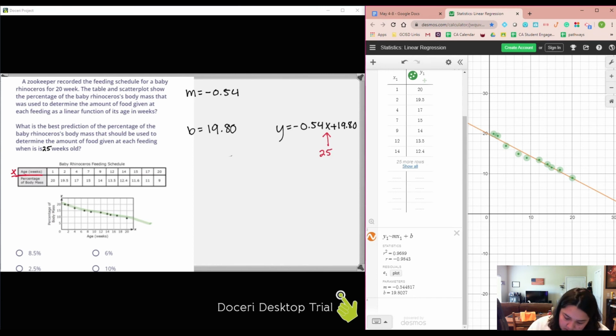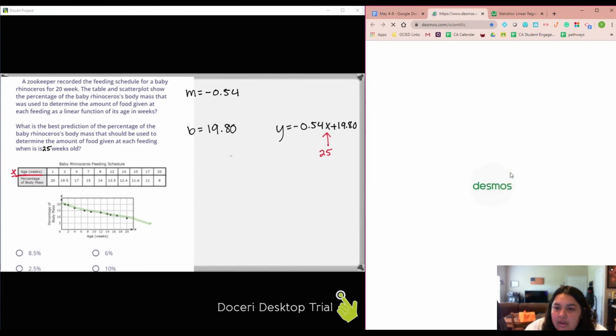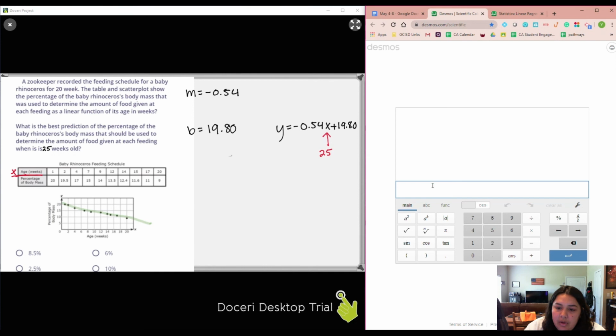Okay. So I'm going to go to my checklist, and then I'm going to go here where it says scientific calculator, and I'm going to put in my equation. So I get negative 0.54, and then parentheses 25 for 25 weeks, plus 19.8, and then I get a 6.3.